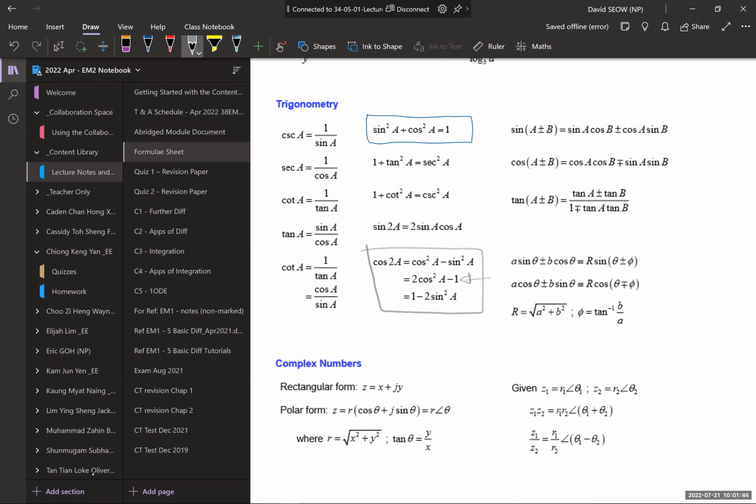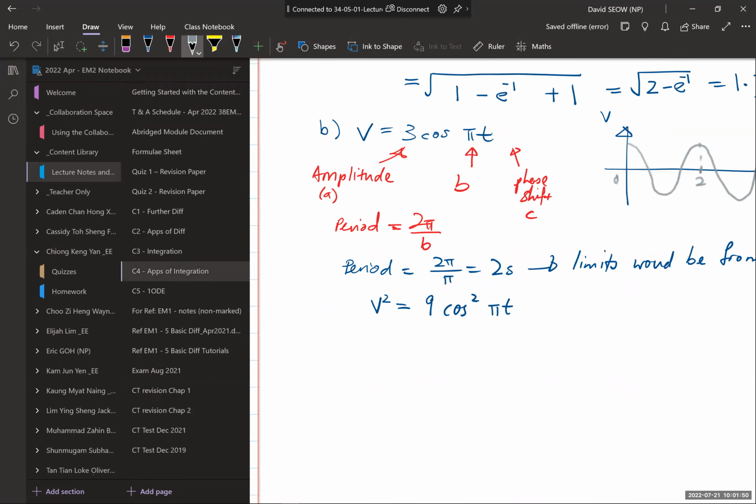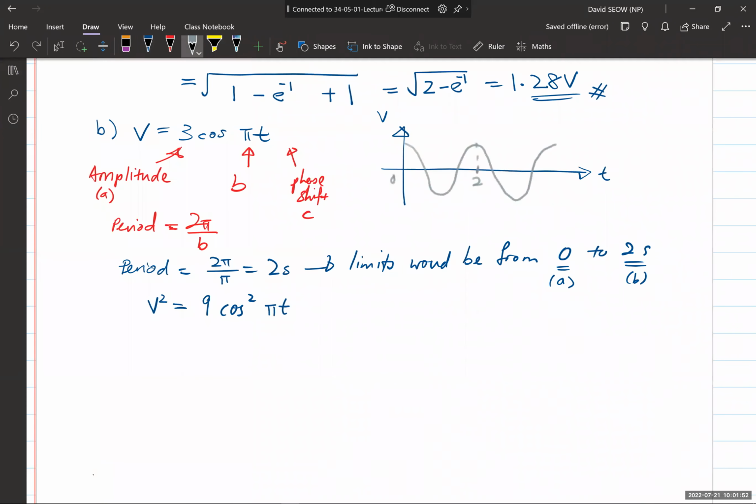So cos 2a equals 2 cos square a minus 1.